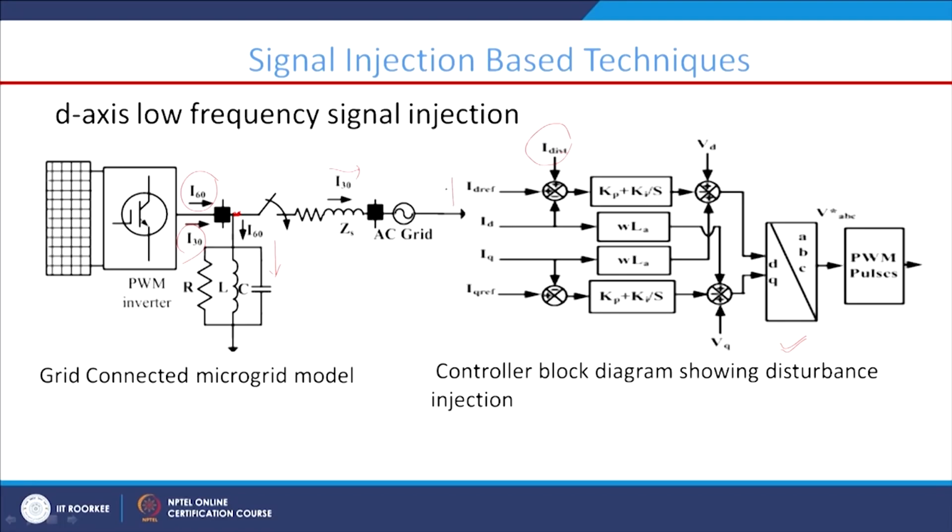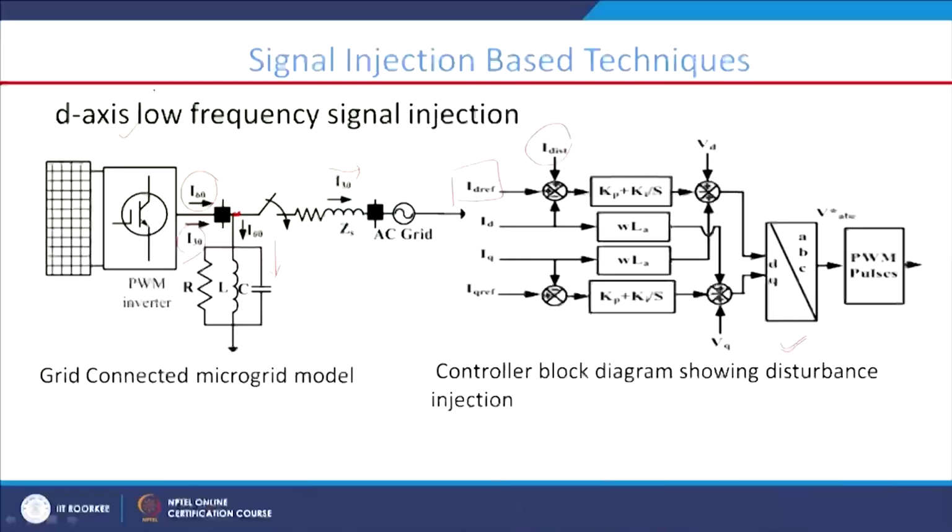This is our ID reference, the D axis low frequency signal injection. What we do is inject this direct axis current ID with a low frequency into the controller of the inverter of the solar system. After that, converting the DQ components of the voltage to the ABC frame, we can always measure this V star ABC.